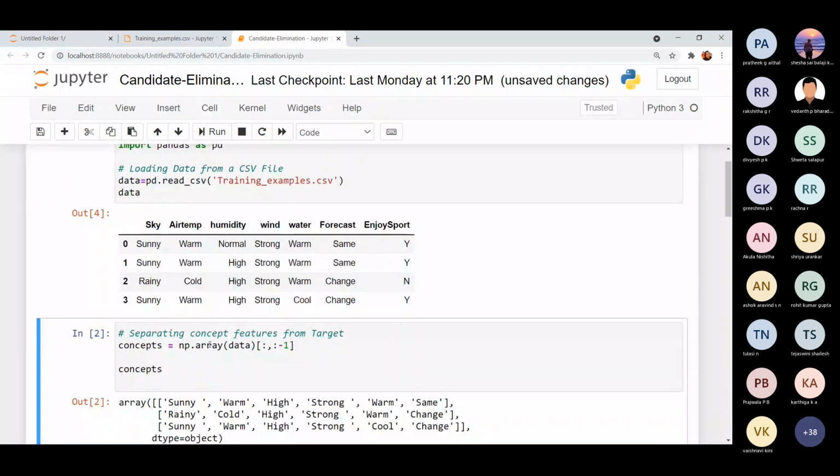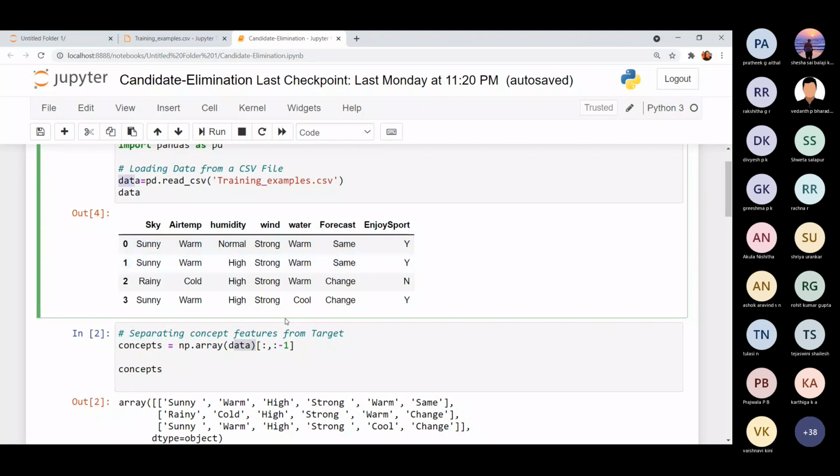Now what I'm doing here, please observe students, I'm just trying to separate the concepts from the target. Enjoy sport is the only target. So I want to separate out all these columns from sky till forecast from the enjoy sport. I'm putting that in a separate array called concept, and a separate array called target. So concept is a numpy array, np.array of the data, which is whatever CSV we have just read.